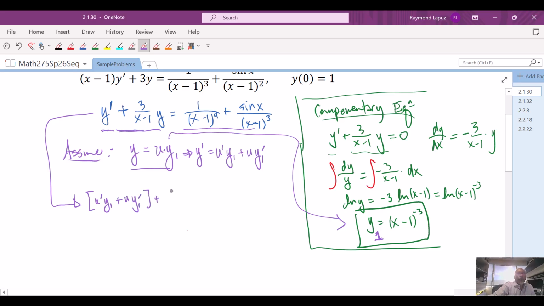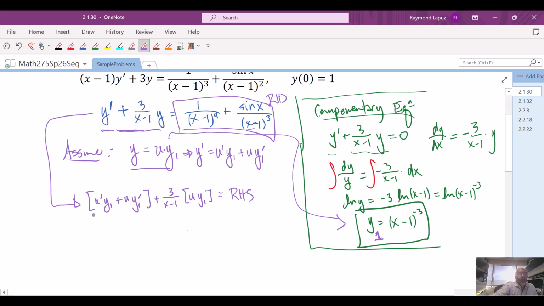And then we have a 3 over x minus 1 times y, but y is equal to u times y1. And then this, for now, let's call it the right-hand side, because I don't want to keep writing this until we're ready to actually incorporate it, because right now we want to focus on the left-hand side.